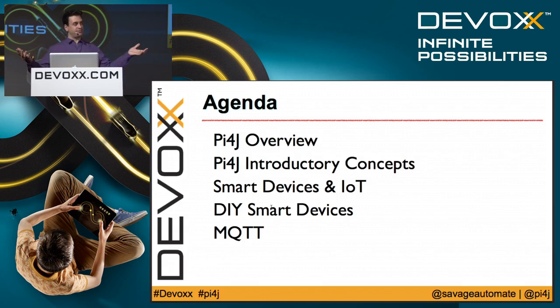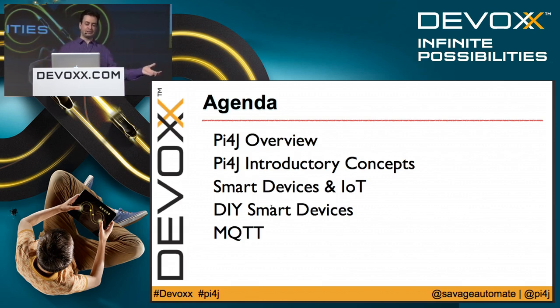So we're going to do our Pi4J overview, kind of introduce you to what the project is. We're going to go through some code examples to show you how you can implement this on your own Raspberry Pis. And then we're going to switch focuses, and talk about smart devices and how we could potentially use Raspberry Pis and Pi4J to create our own Internet of Things devices, kind of DIY smart devices, because we're Java programmers.